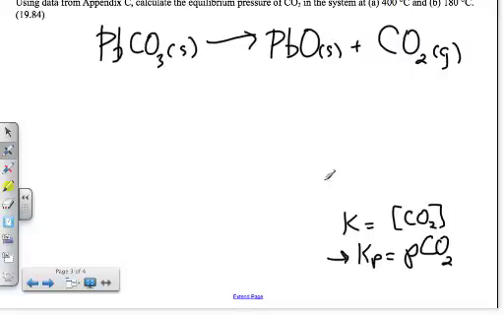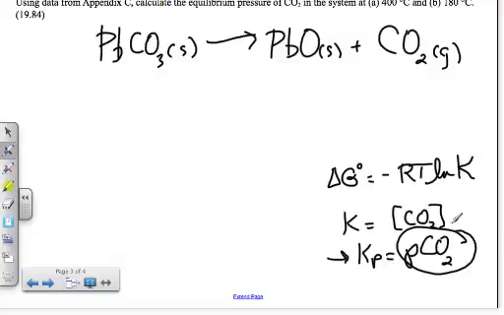Ultimately, we are going to calculate delta G, and then use delta G equals minus RT ln K to get this, which is what they want. We have two different temperatures. But before we can use this equation, I have to calculate delta G at both 400 degrees Celsius and 180, which means I need a delta H and a delta S, which is the approach I used once again, rather than using the delta G's of formation. That's what I've already done, and I'm not going to go back.